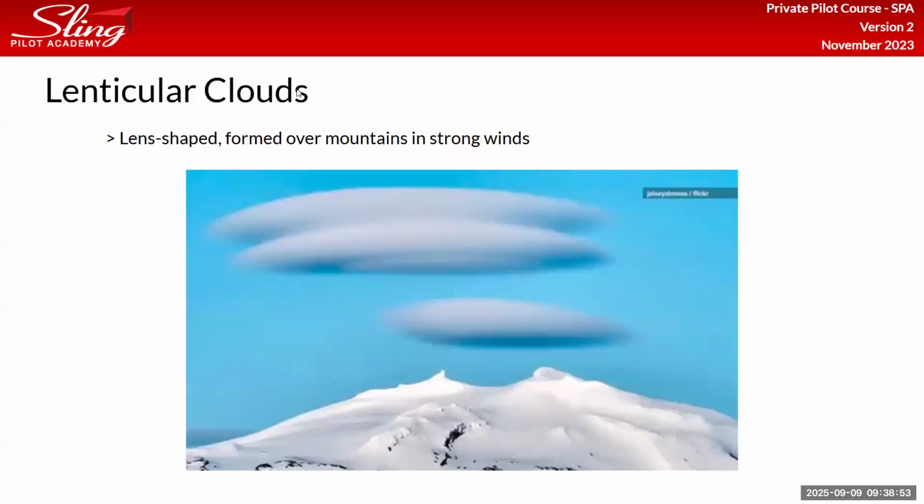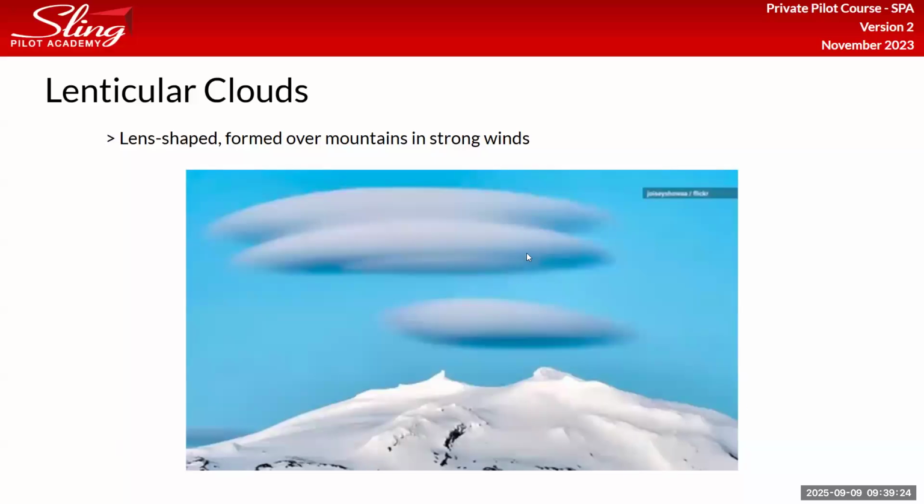And lenticular clouds we haven't talked about. Lenticular clouds form over mountain peaks. You see the mountain right here? These only form over mountain tops in strong winds, and they're called lenticular clouds because they're lens shaped, like an oval shape. It's formed because of the air coming up the side of the mountain and then falling over the top, like we talked about with mountain wave turbulence.